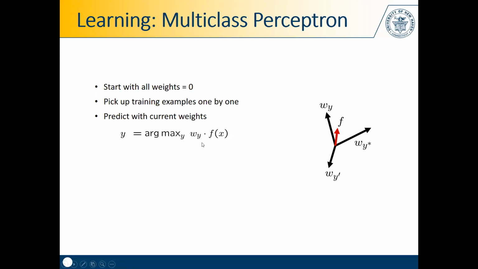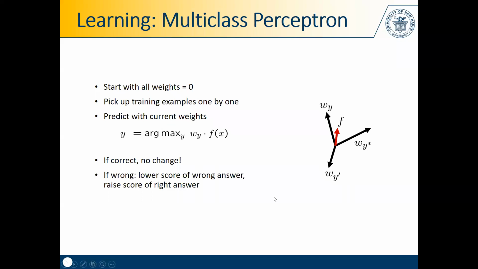So if the dot product of the weight vector for the first class and the feature vector is the largest, we are going to say the output of the model is the first class. Now, if the output is correct, if y is actually the same as y star, there's no need to change the weights. So far, the weights are working for us, doing what we want them to do.